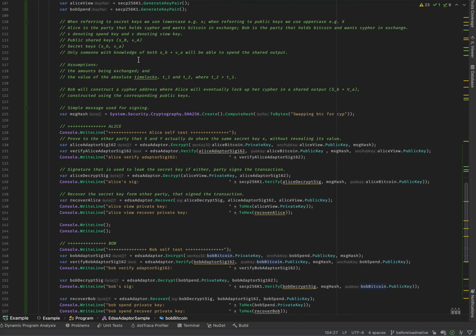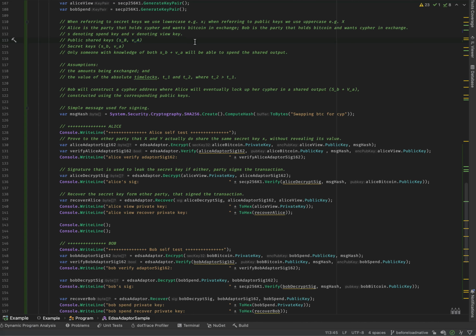So with that, basically they'll have a shared public key, which is a view key, which is Bob's private key, sorry, the spend public key and the view public key, right?